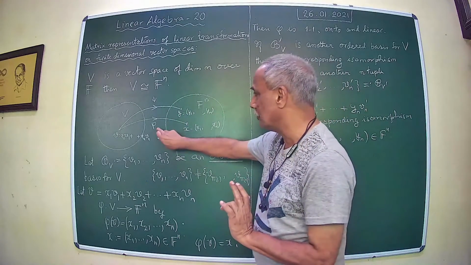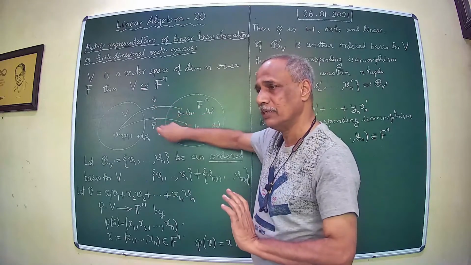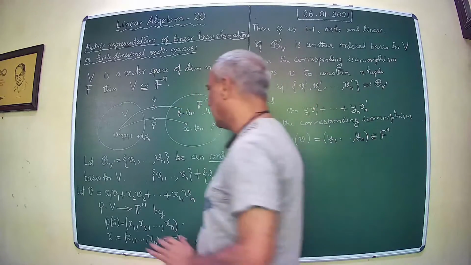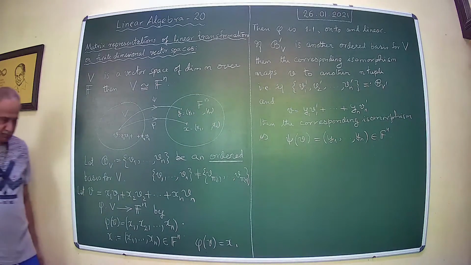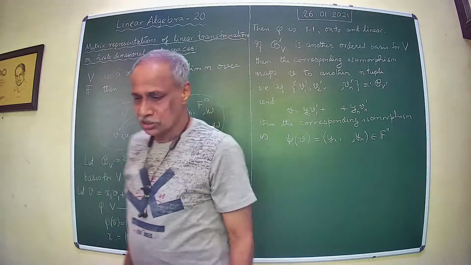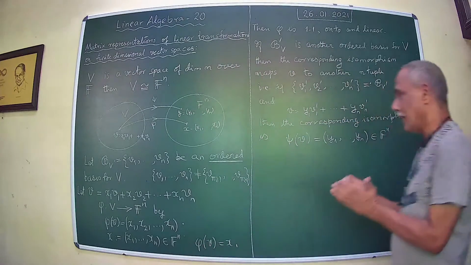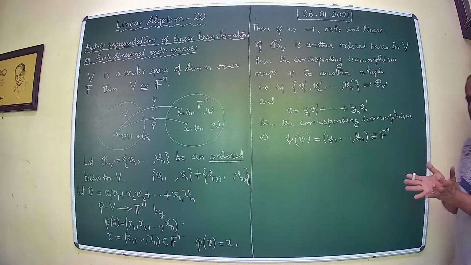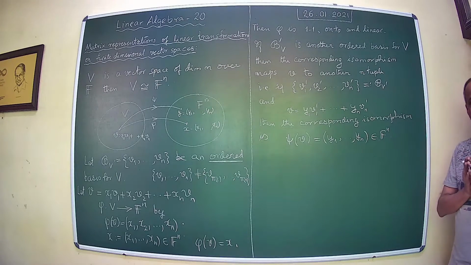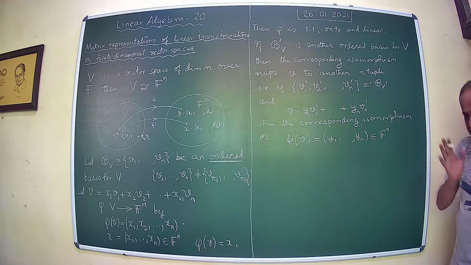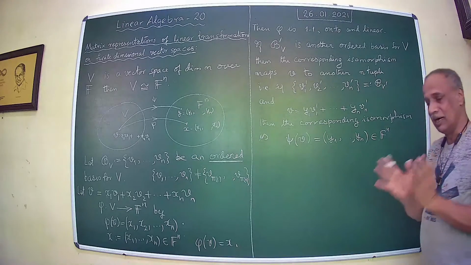Phi is an isomorphism, psi is an isomorphism. Phi is different from psi in general, as long as the two ordered bases are different. So we have the luxury of creating several copies of F^n isomorphic to V through this process.